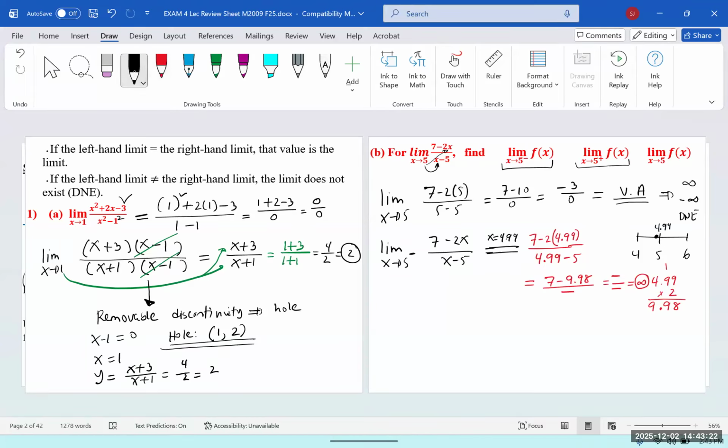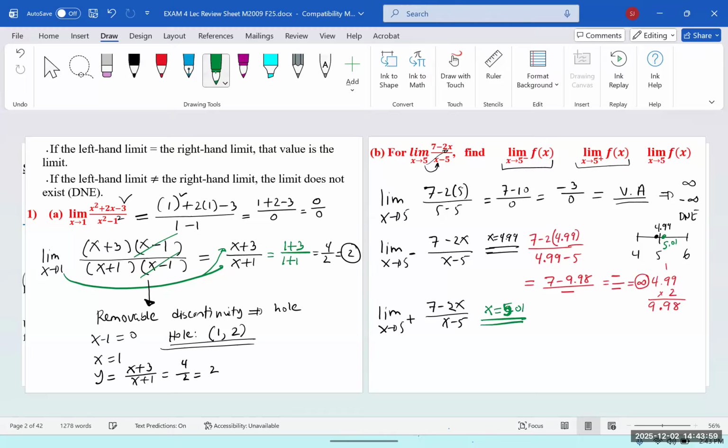Now we need to know how the right side is going. So you go to 5 from the right side of this function, (7 minus 2x) over (x minus 5). And we do the same thing here. You pick a number on the right side, for example 5.01. So x is 5.01.